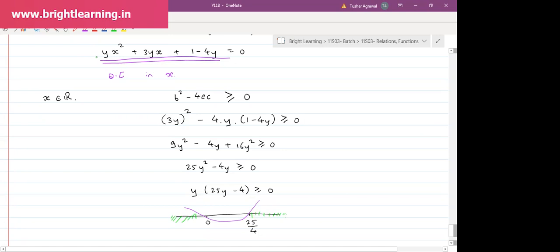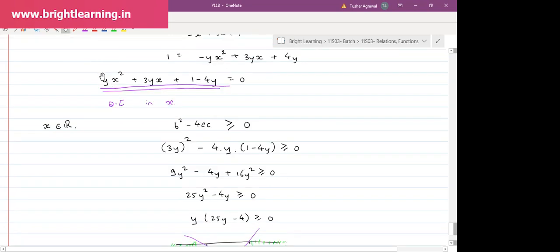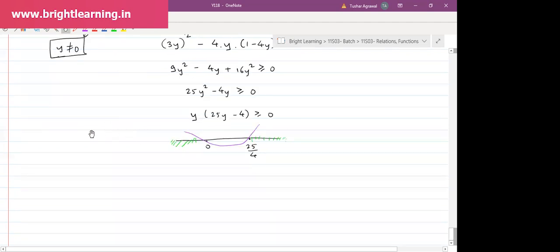Okay. And y cannot be equal to 0 because here the leading coefficient is y in y x square. So y not equal to 0. So combining the two answers, I have minus infinity to 0 open, union.